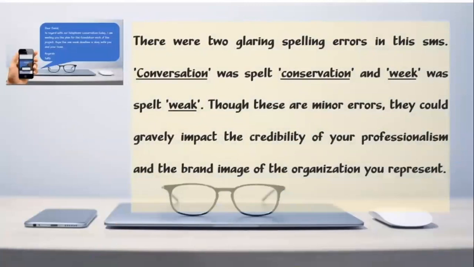Conversation was spelled conservation and week was spelled weak. Though these are minor errors, they could seriously impact the credibility of your professionalism and the brand image of the organization you represent. Therefore, it is absolutely necessary to check all your spellings and prefixes before you send an email or SMS, especially if it is going to a client or a vendor outside your company.